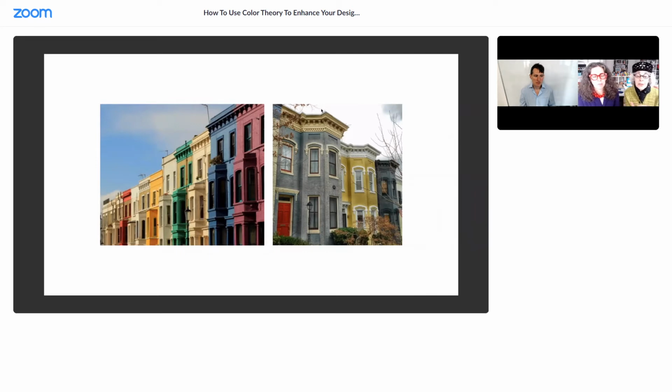In the slide on the right, the details like window trim and doors are emphasized in the gray and yellow houses, while the architectural form of the building is emphasized in the charcoal gray house further down to the right.